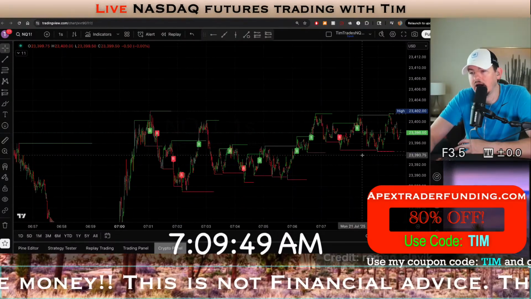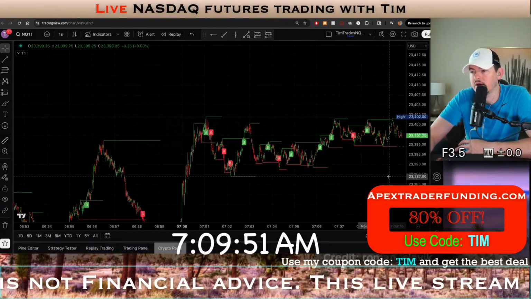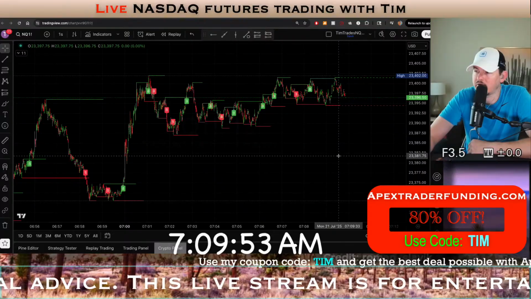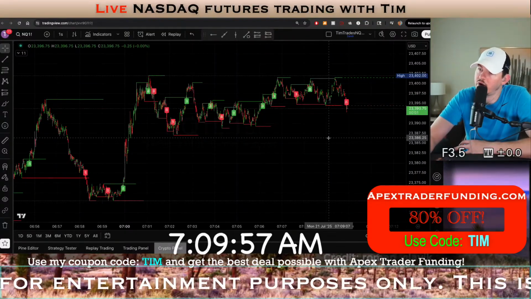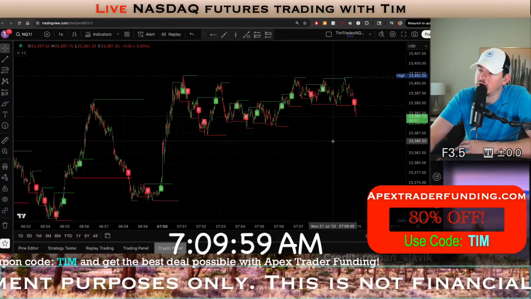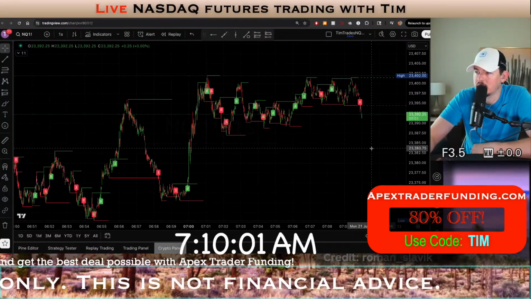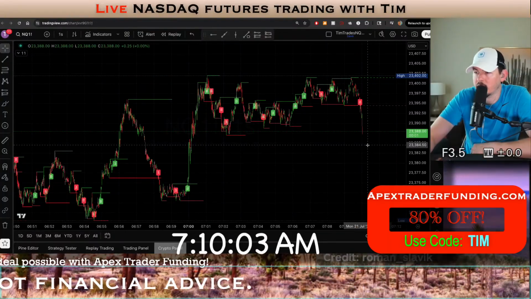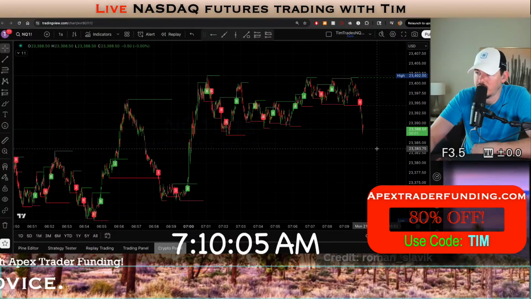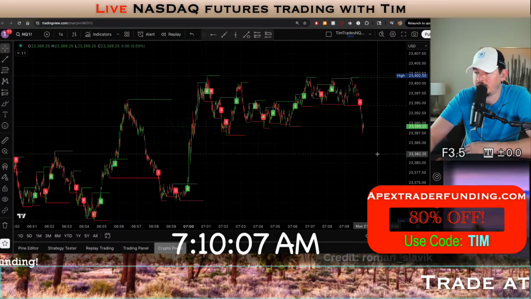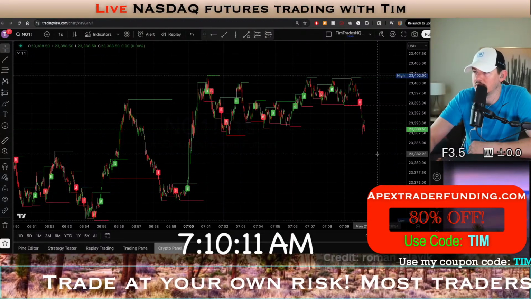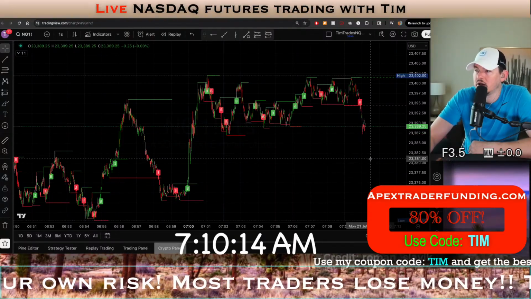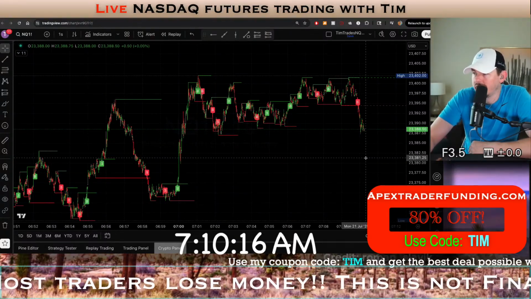And then you have to line it up to what Apex Trader Funding will give you. It's like, well, we'll give you $2,500 drawdown. You have to know that works for your strategy or modify your strategy. Profit, loss, risk to reward ratio, and make it work with their rules.